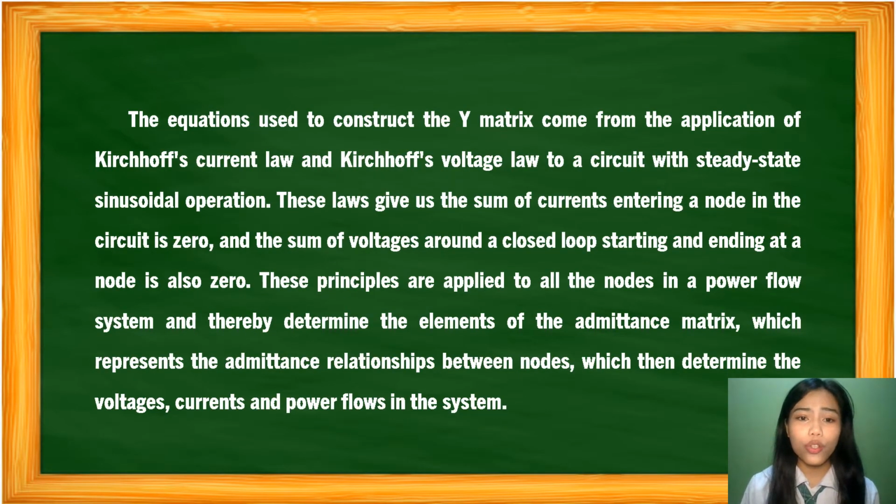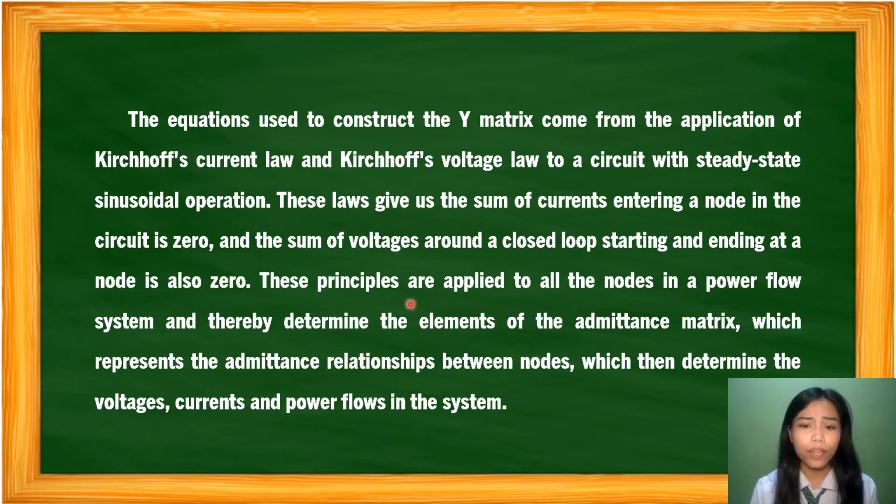The equations used to construct the Y matrix came from the application of Kirchhoff's current law and Kirchhoff's voltage law to a circuit with steady-state sinusoidal operation. These laws give us that the sum of currents entering a node in a circuit is zero, and the sum of voltages around a closed loop starting and ending at a node is also zero.